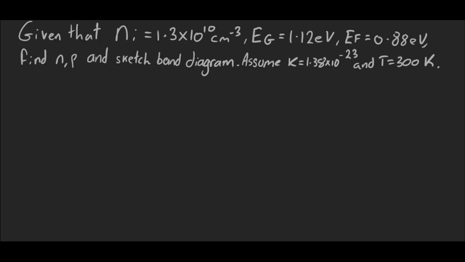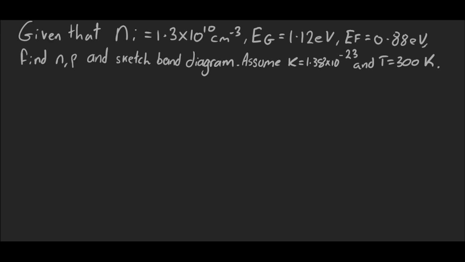Okay, here's a question for you to try. Given that the intrinsic concentration is 1.3 times 10 to the power of 10 per cubic centimeter, the energy band gap is 1.12 electron volts, and the Fermi energy is 0.88 electron volts, find the electron concentration, the hole concentration, and sketch the energy band diagram.